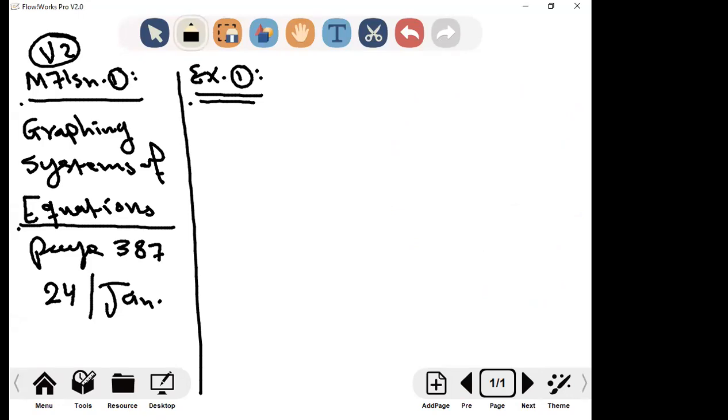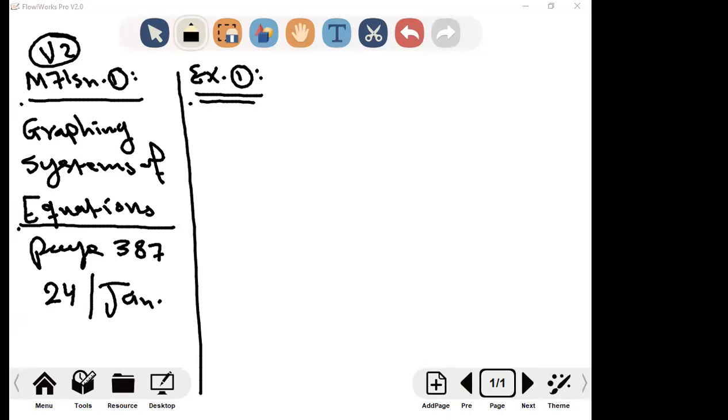The question is saying use the graph to determine the number of solutions the system has, then state whether the system of equations is consistent or inconsistent, and whether it is dependent or independent. In your book, guys, is it graphed? Good.